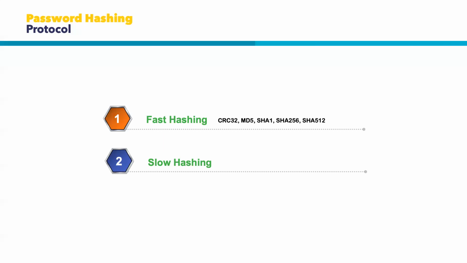Because with fast hashing, according to statistics, computers are getting faster every month. You have single core, dual core, octa-core, and now even 16 cores and 32 cores. If you have a very fast hashing, then I can attack the password using a brute force attack. I can just inject different passwords, and it can be computed in probably 30 days or 1 week if I have a very fast computer. That's why it's not recommended.